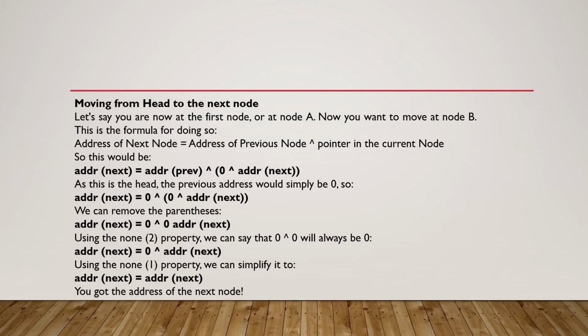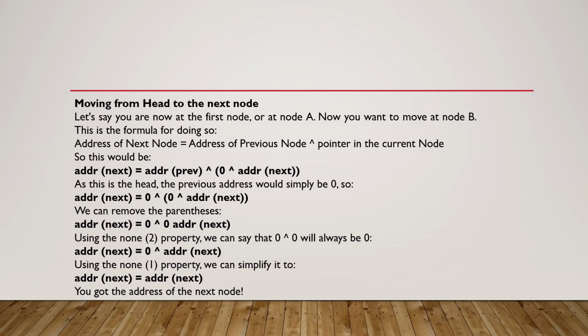Moving from head to next node. Let's say you are now at the first node, or at node A. Now you want to move to node B. This is the formula for doing so. Address of next node is equal to address of previous node XOR pointer in the current node. So this would be address of next is equal to address of previous XOR (0 XOR address of next). As this is the head, the previous address would simply be 0.